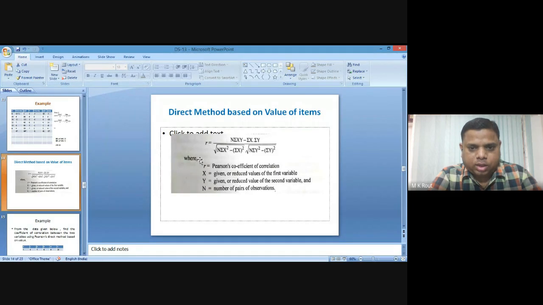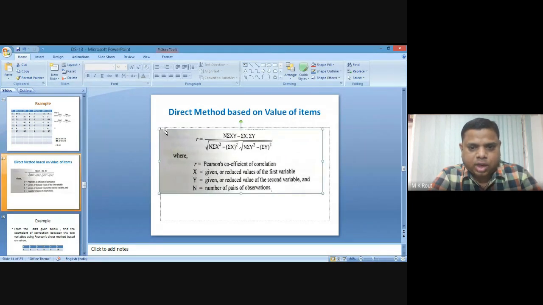So here the formula is given, that is the Karl Pearson coefficient, r equals n into summation of xy minus summation of x into summation of y, divided by square root of n into summation of x square minus summation of x whole square, into square root of n into summation of y square minus summation of y whole square.